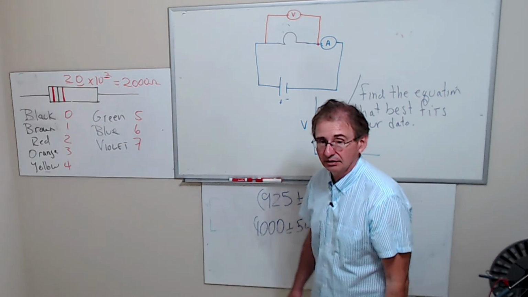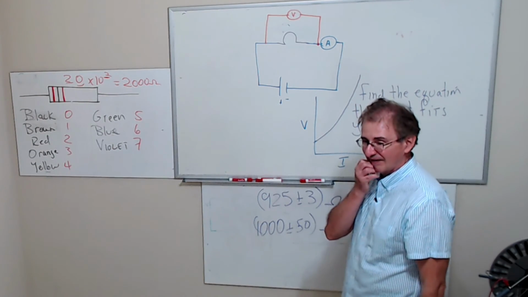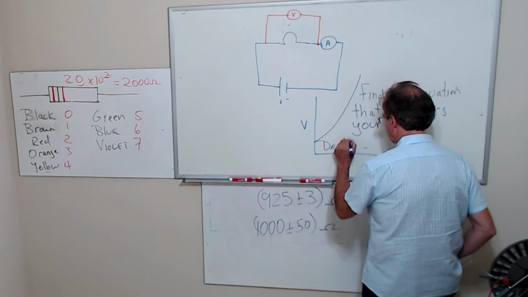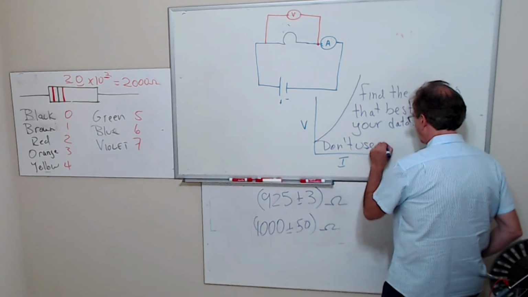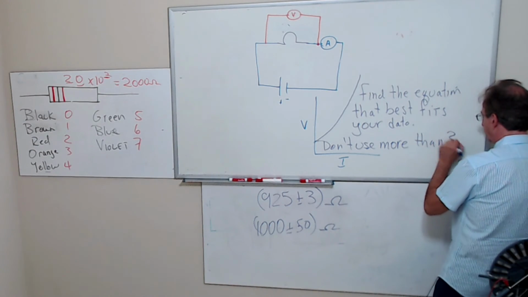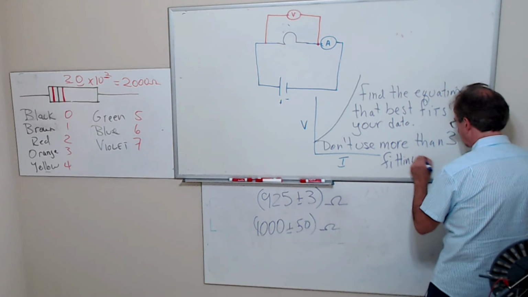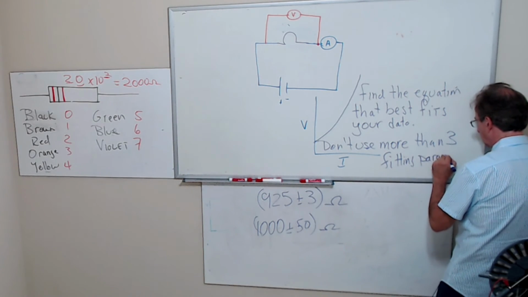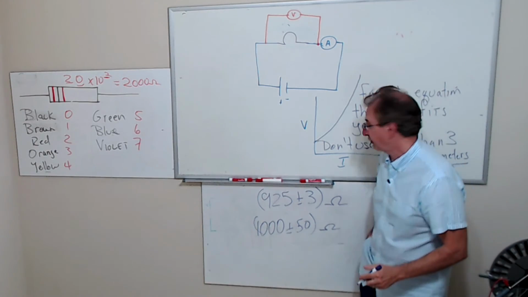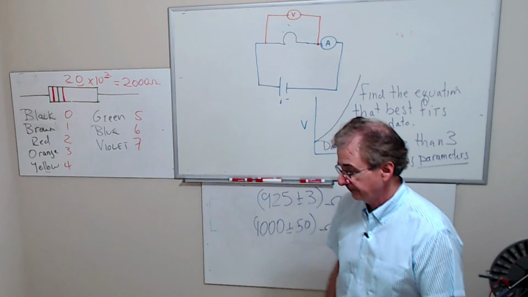But don't do that. Okay? You don't need that many parameters. So in fact, don't use more than 3 fitting parameters. Find a function that will fit this data well, but don't use more than 3 fitting parameters, okay?